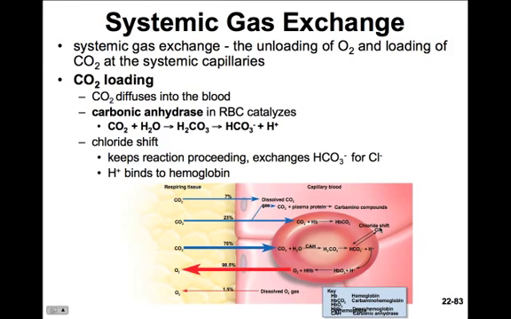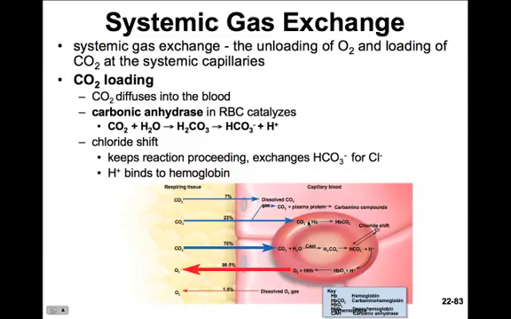This is the chloride shift. There's a transporter that antiports the chloride into the cell as the bicarbonate moves out. This allows the reaction to continue proceeding of loading carbon dioxide into the red blood cells. A smaller portion of the carbon dioxide that diffused into the capillary blood will bind with the hemoglobin.